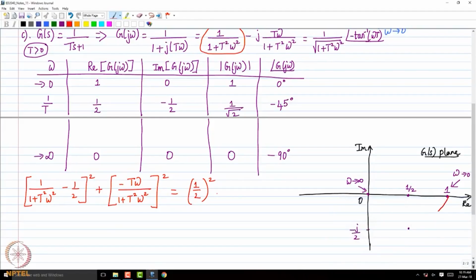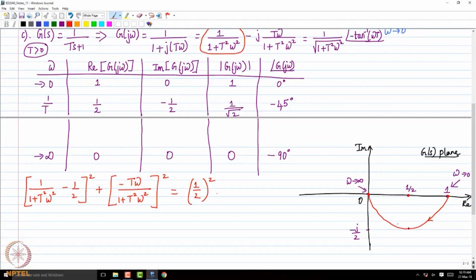So this starts like this. Of course I am drawing a freehand diagram, so please pardon if it does not look like a semicircle. So the Nyquist plot of this factor is going to be a semicircle centered at 1 by 2, which starts at 1 comma 0 and ends at 0 comma 0. So that is the Nyquist plot.